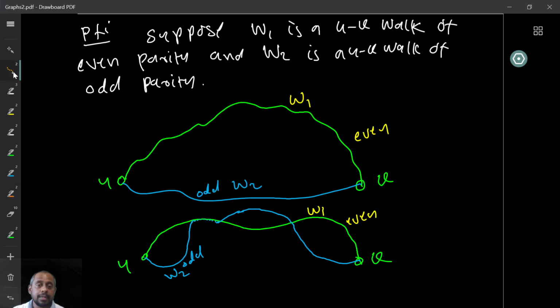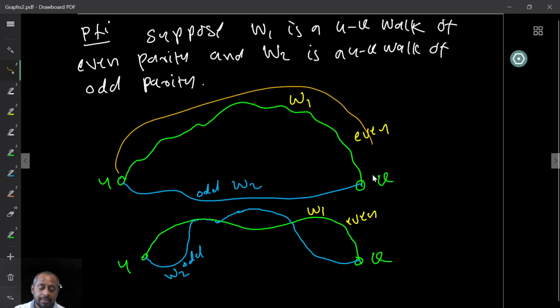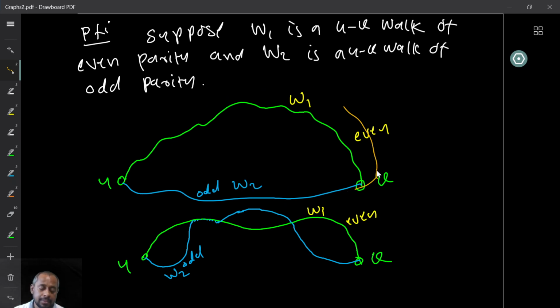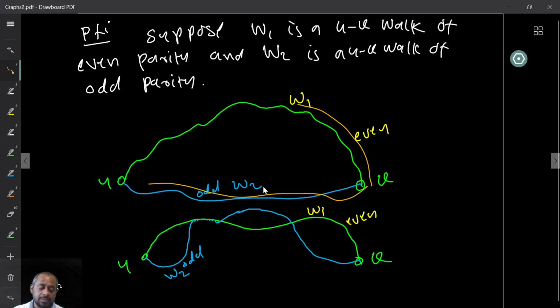Now these could be non-intersecting walks, or they could be intersecting walks, because I am talking about all possible walks. So maybe you have this kind of situation: u to v through W1, u to v through W2. This is of odd length, this is of even length.